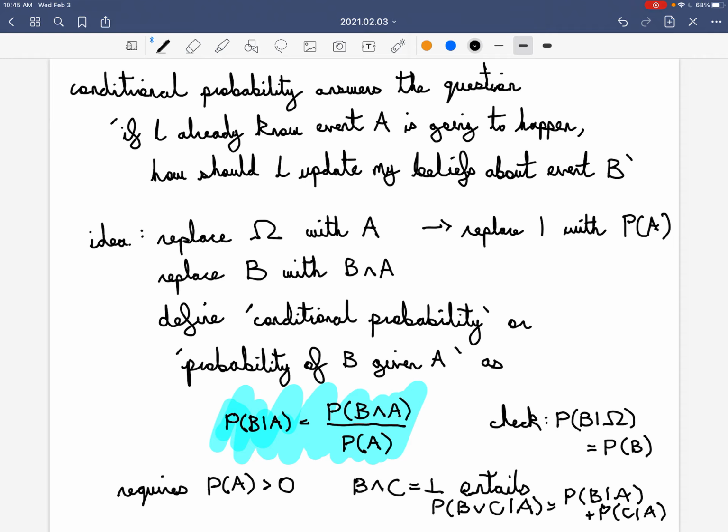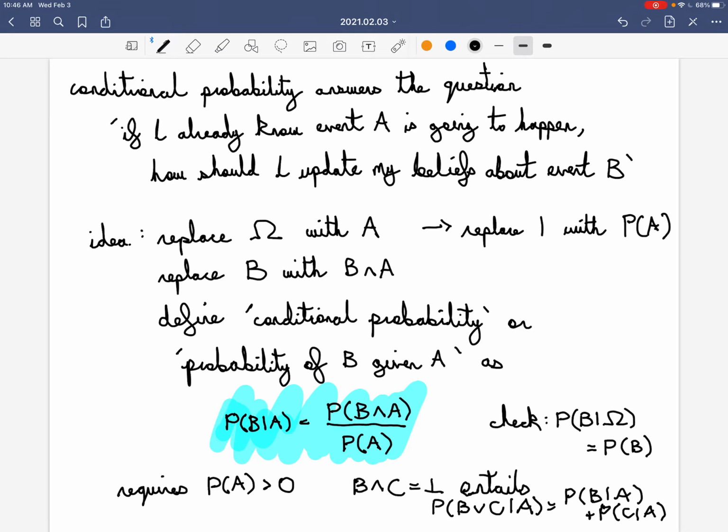Another important sanity check is thinking, okay, what about conditioning on impossibility? What happens if I condition on an impossible event where the probability is 0? If you think about that, your brain should explode, because that makes no sense at all. Saying, I already know that something impossible is going to happen. So I already know that 1 plus 1 is 3. How should I update my beliefs about probability?